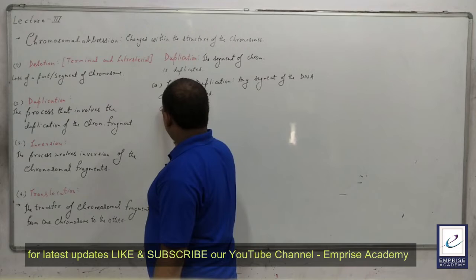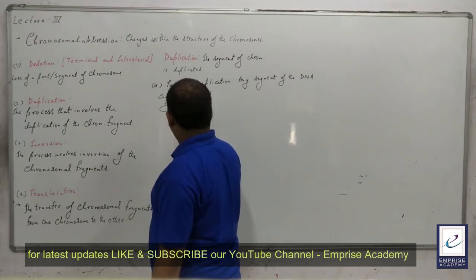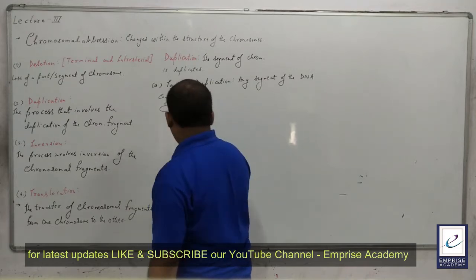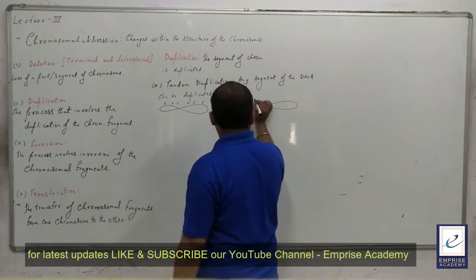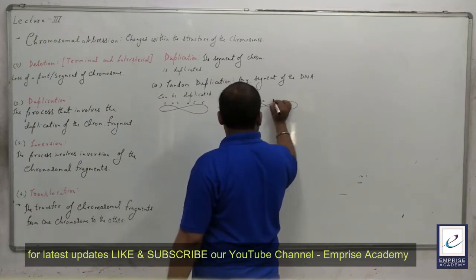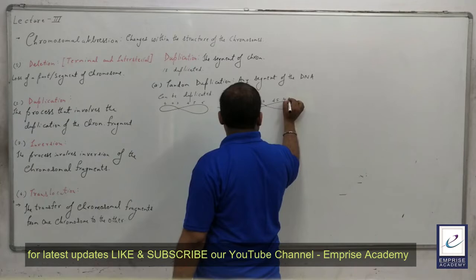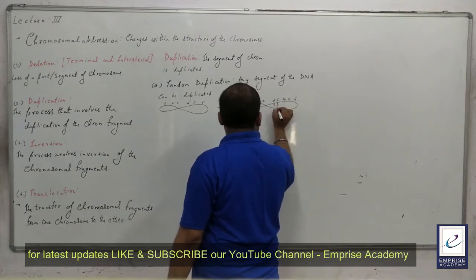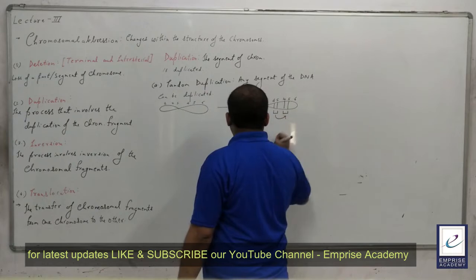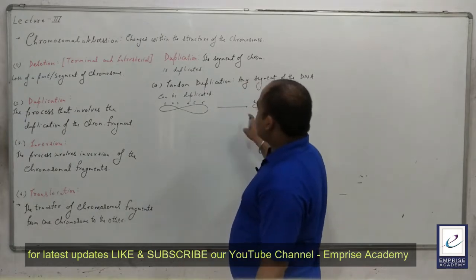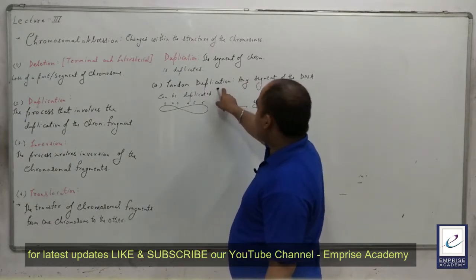There are genes which are present, 1, 2, 3, 4, 5, 6. Now this chromosome's genes undergo duplication. For example, 1, 2, 3, 4, 5, 4, 5, 6. So these 4, 5 genes have been duplicated from here to here. This duplication is called tandem duplication.